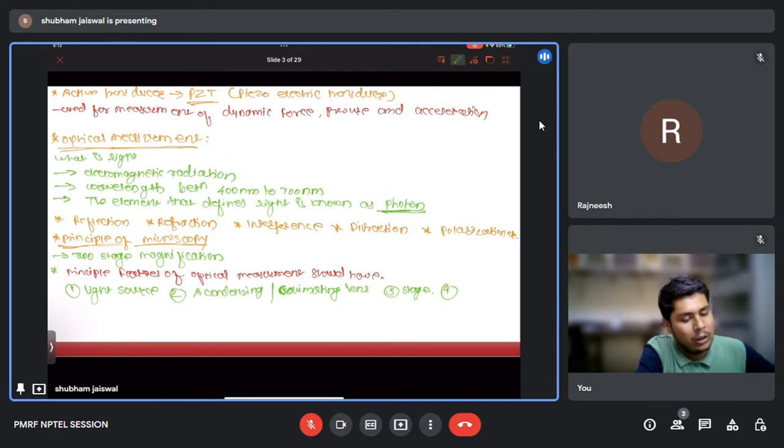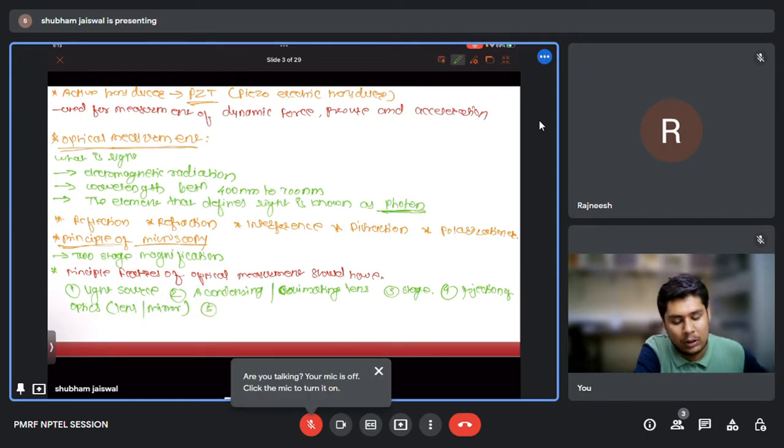Similarly, it should have projection optics, like lens for magnification and mirror for reflection of the light. Similarly, to view our sample or the workpiece, we should have a screen or eyepiece.